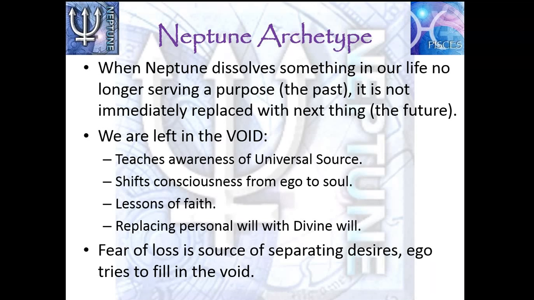Meditation and walks in nature are good ways of learning to be okay with it. And so with that fear of loss, the ego wants to fill up the void. It wants to fill it up with another separating desire and another separating desire. And so again, we're left in that void. It's not easy to fill it up with another separating desire, although we can.